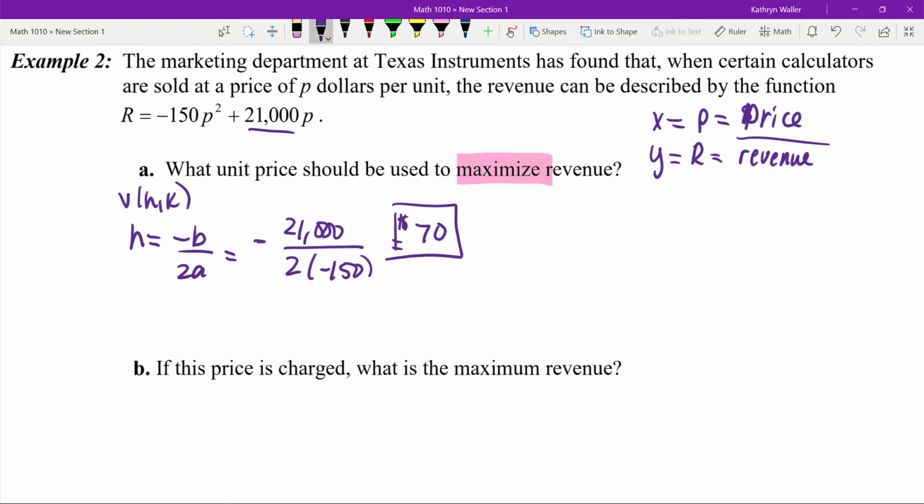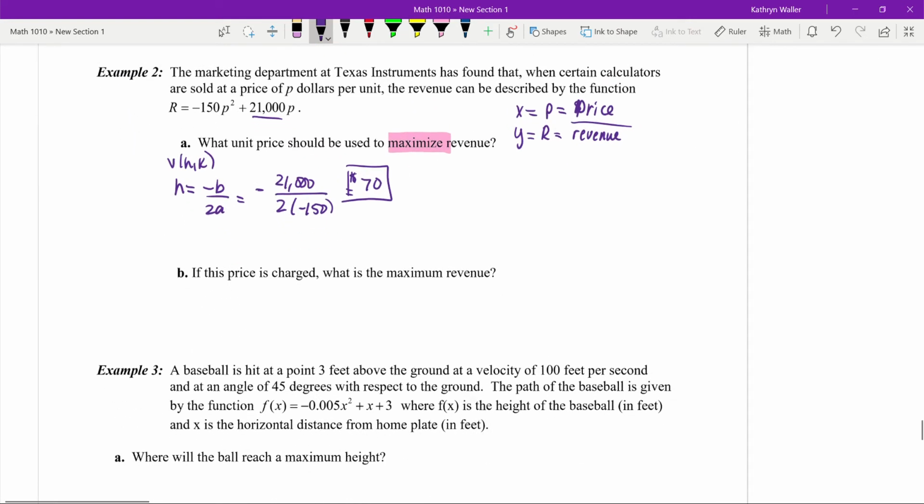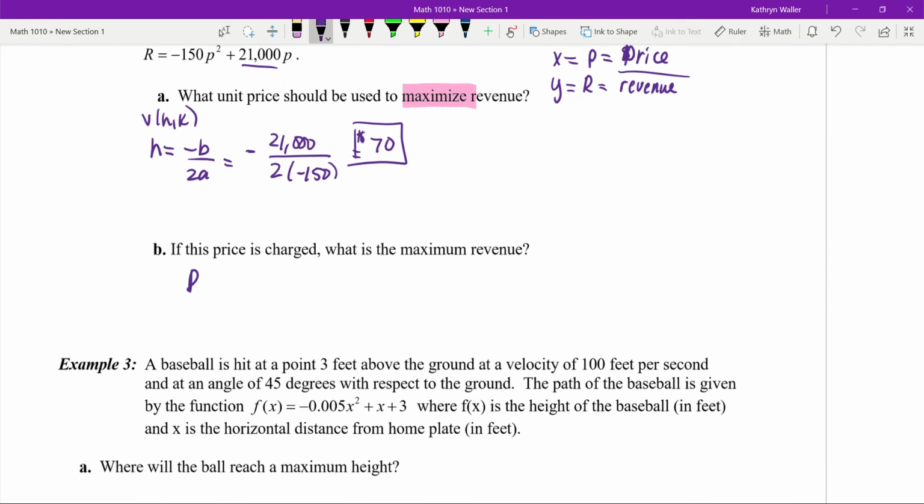Look at part B. When this price is charged, what is the maximum revenue? What do I do? Plug it in. We've already done this. Everybody go R equals negative 150 times 70 squared plus 21,000 times 70. I have to see that work, so make sure you write that down.